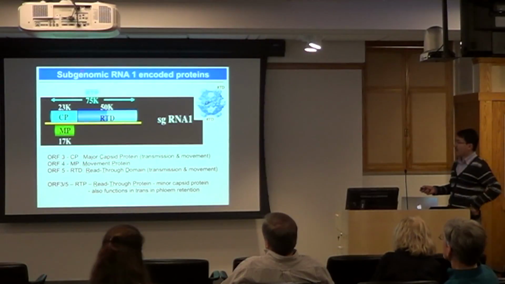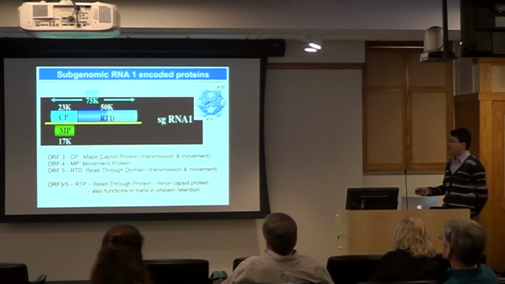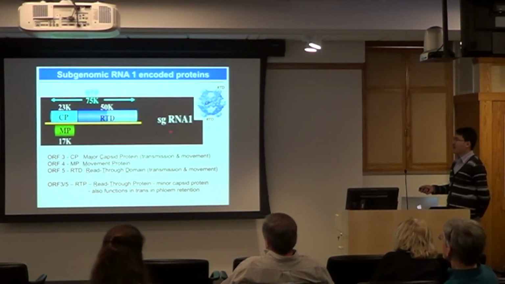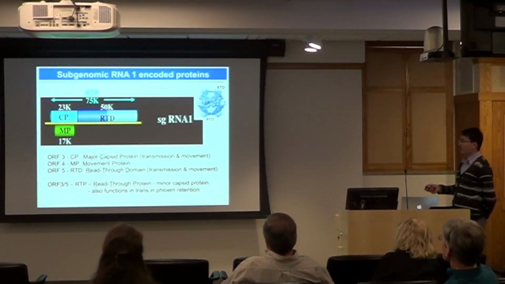Here are the subgenomic RNA1 encoded proteins. There are several open reading frames along subgenomic RNA1. ORF3 encodes the major capsid protein, and the whole virion is composed of 180 coat protein subunits.